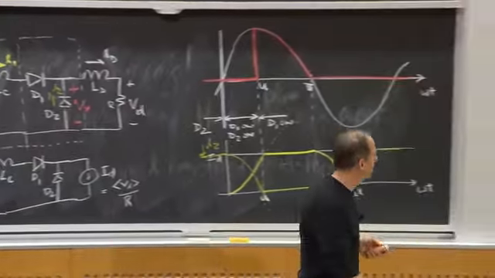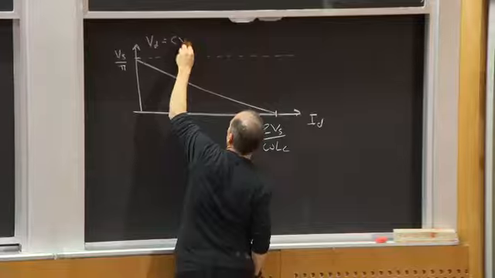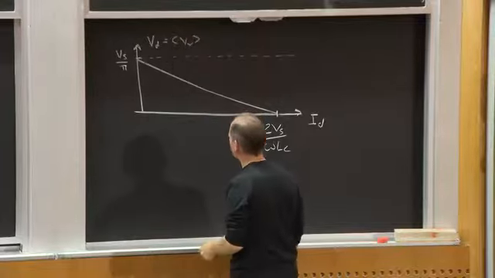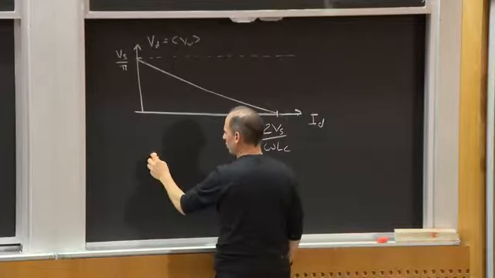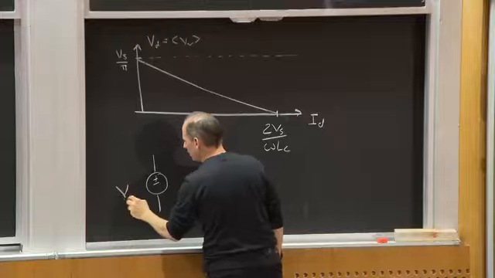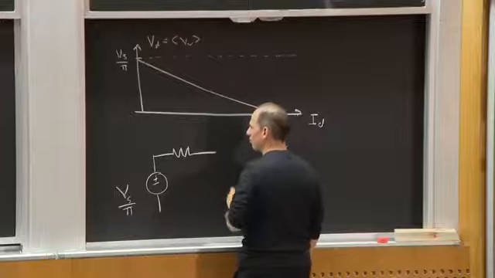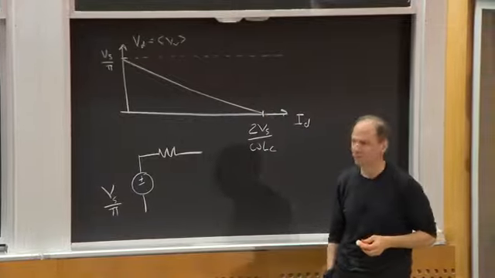Well, VD is also sort of the average of Vx here, right? I might think of this as a voltage source, Vs over pi, in series with an output resistance, right?